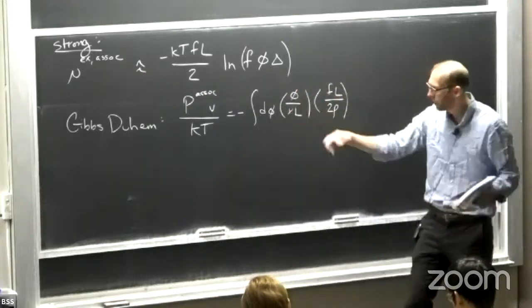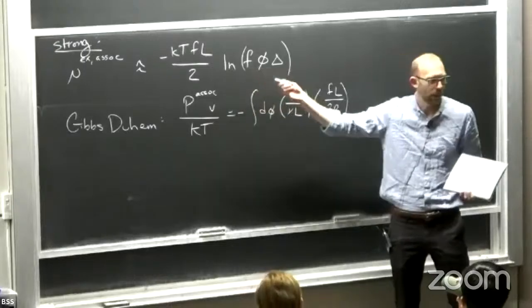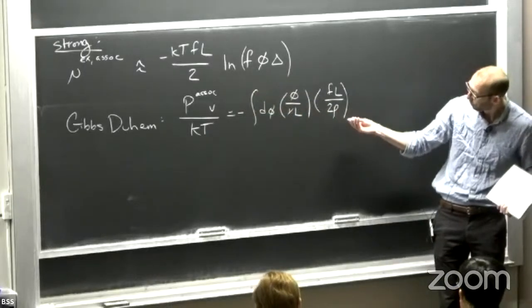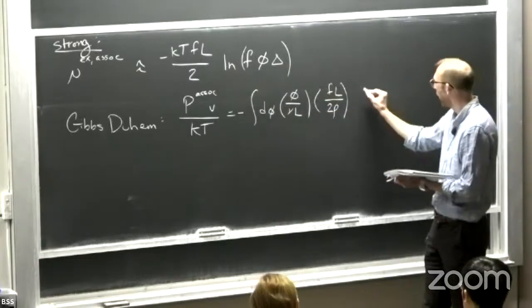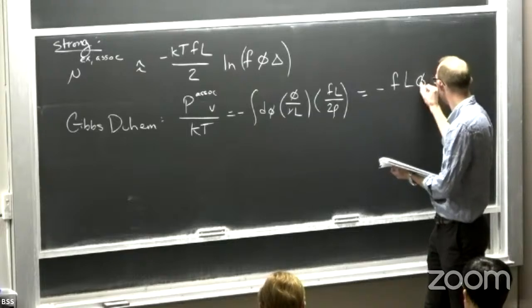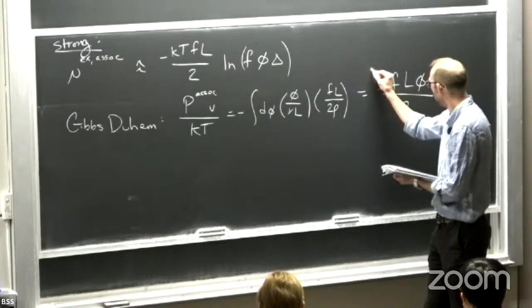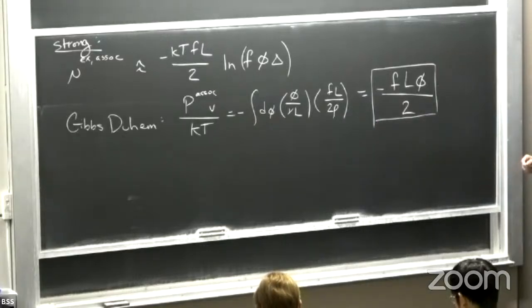So if you recall, this is this standard thermodynamic relation between the pressure and the chemical potential at equilibrium. And if we just solve that here, we get, again, an extremely simple expression. Okay, so this is the contribution to the osmotic pressure if you're in this strong binding regime.